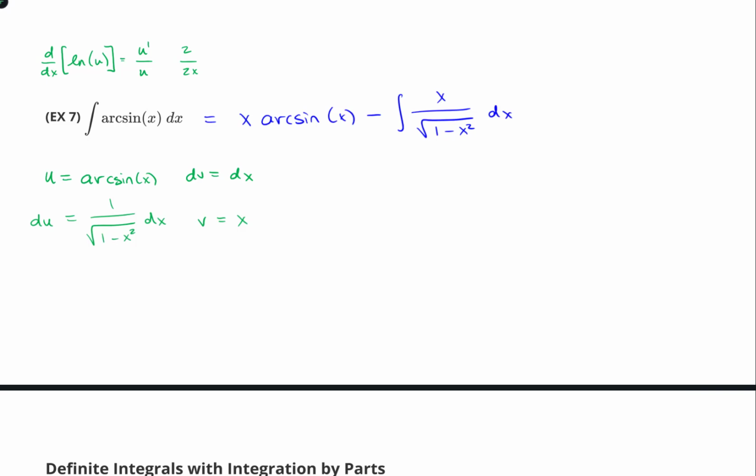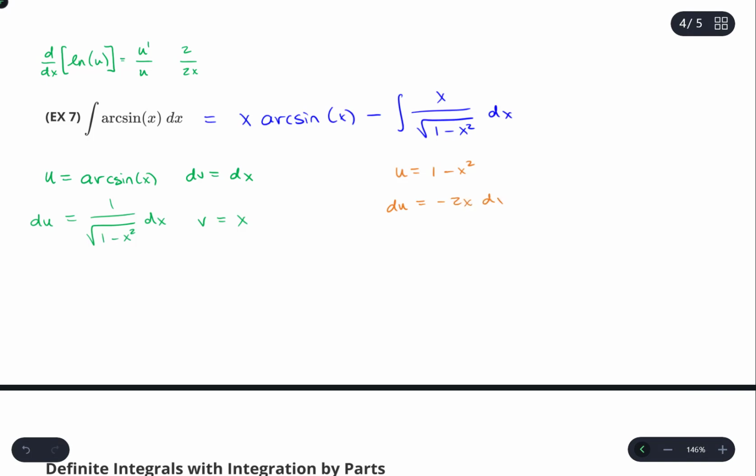In fact, you might be thinking that you would have to actually use some sort of trig function integral in order to perform this. But as it turns out, you can actually use u substitution here. If you just let u be the part underneath that radical, then du is negative 2x dx.